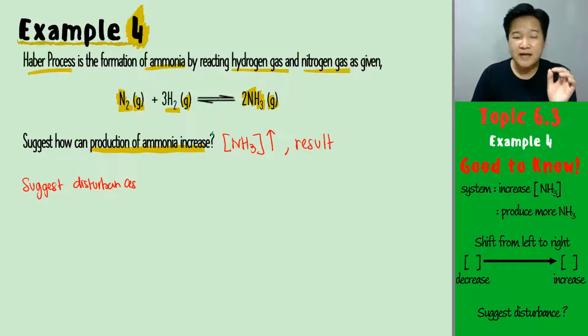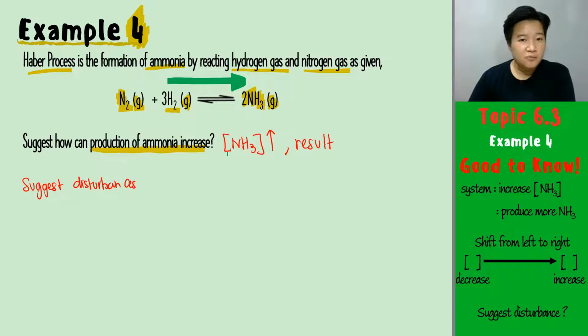In other words, at the end of the day, your equilibrium position must be shifting to ammonia. Okay, because we want to produce ammonia. The result that the system wants is to increase the concentration of ammonia. So at the end of the day, it must be shifting from the left to the right.